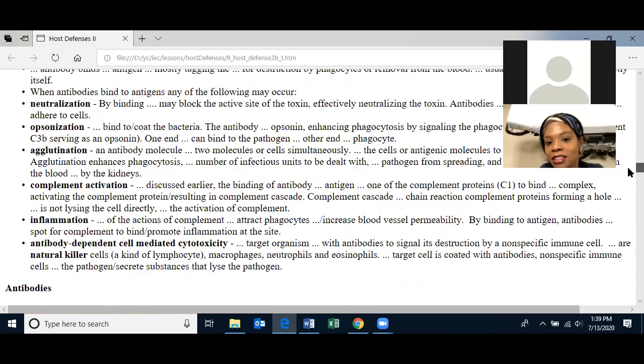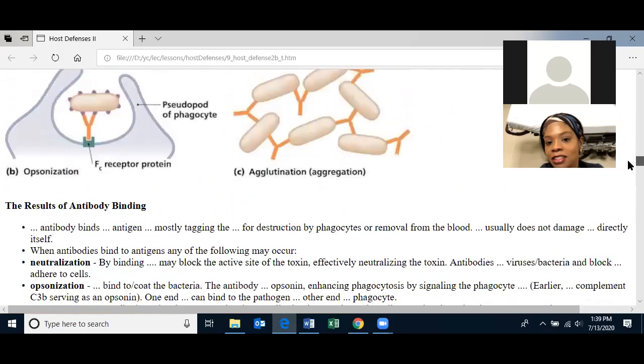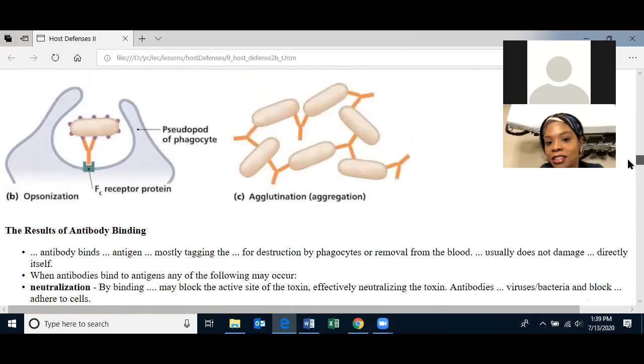And then the other thing that agglutination does is it makes it much easier for the phagocyte to phagocytize the pathogen. Instead of the phagocyte having to move to 6 different locations in the body, it just starts phagocytizing this cell, and then it moves on to this cell, and then that cell, and then that cell.